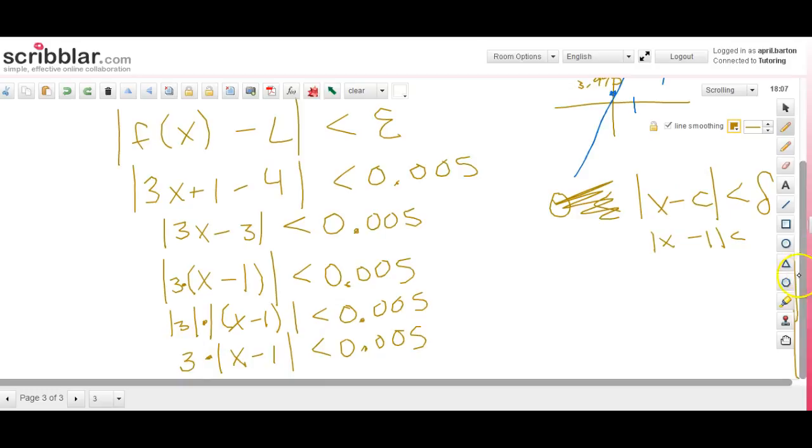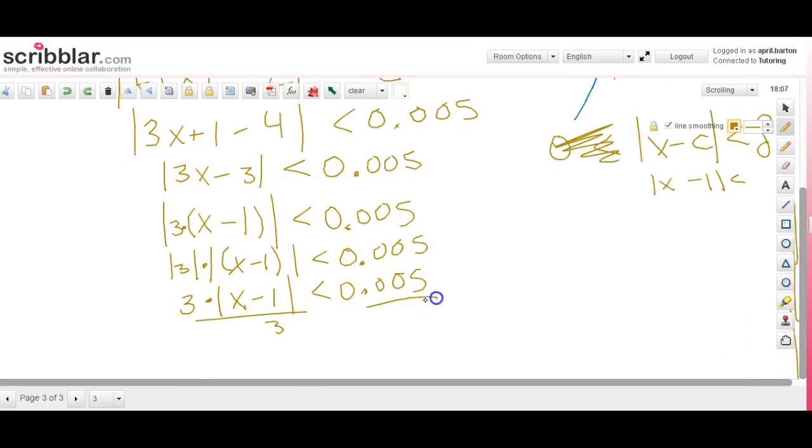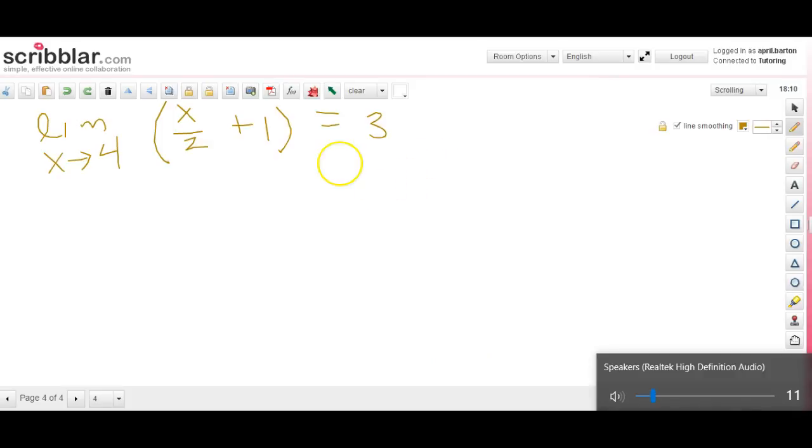So we're going to divide both sides by 3. So we get the absolute value of x minus 1 less than 0.0017. And if I remember right, it was actually 0.0016666. I just rounded.